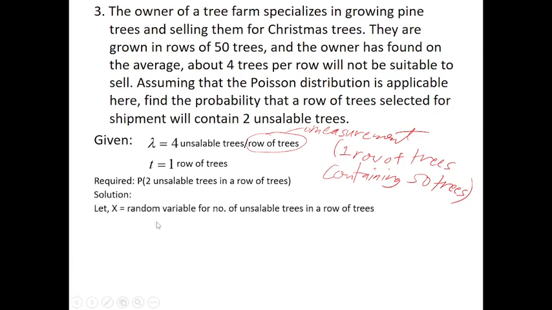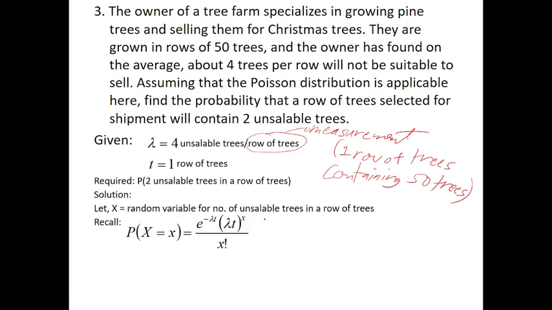So solution. So dahil ito ang hinahanap, probability na there will be two unsaleable trees in a row of trees. So therefore, ang random variable mo ay number of unsaleable trees, no? Random variable for number of unsaleable trees in a row of 50 trees. Okay? Kasi 50 lahat, kada row. So recall, no? So this is the formula.